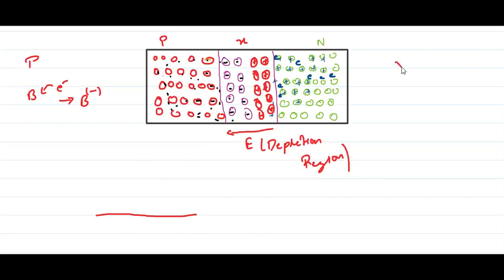And we know that V is equal to what? E into L. Any issue in this?